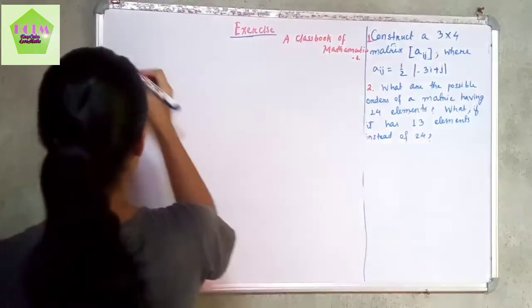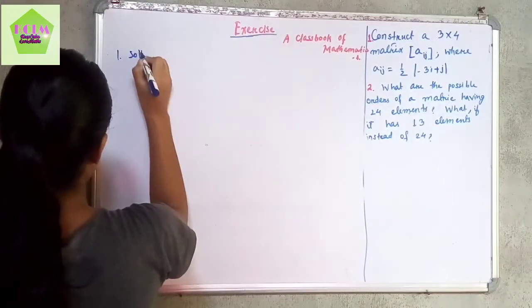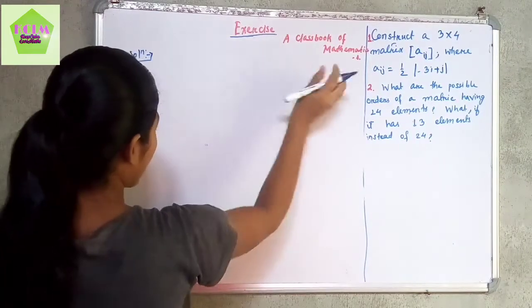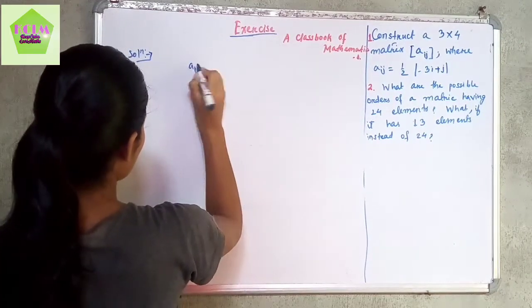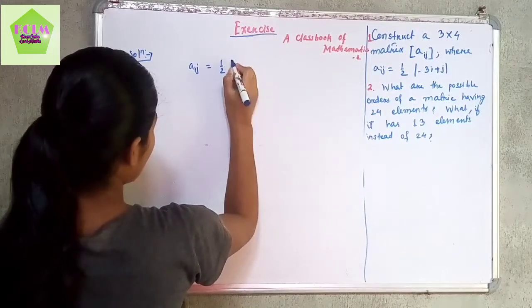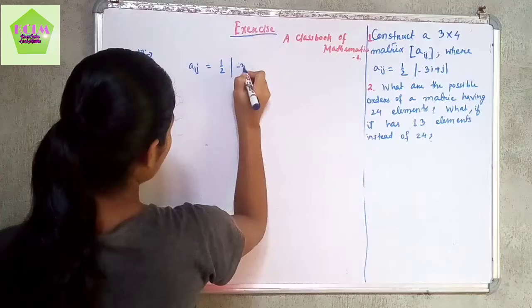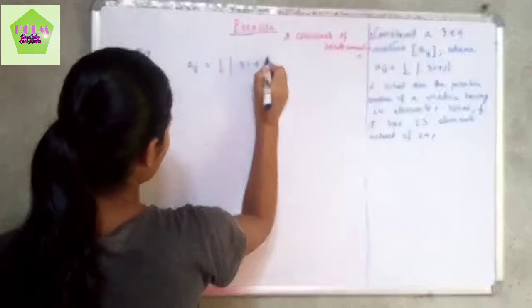So our very first question is that we are given the matrix element definition. That is, a_ij is given as half of modulus of minus 3i plus j.